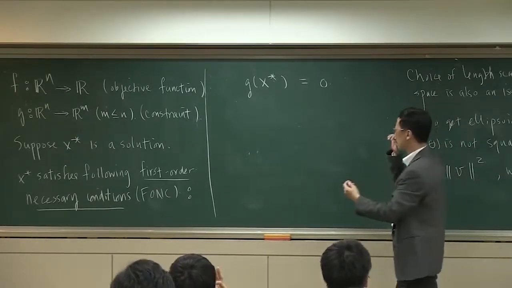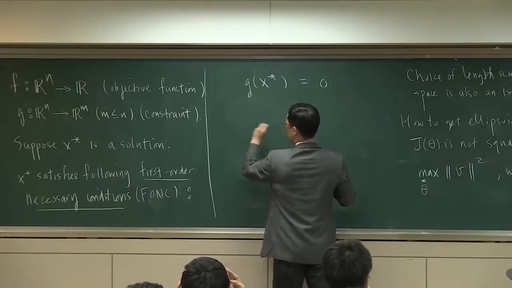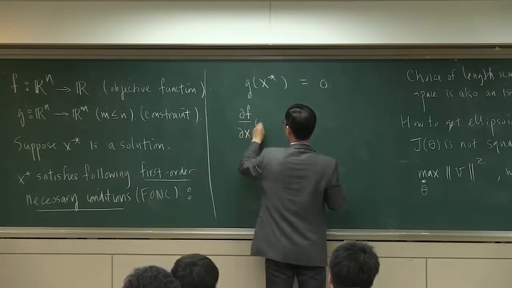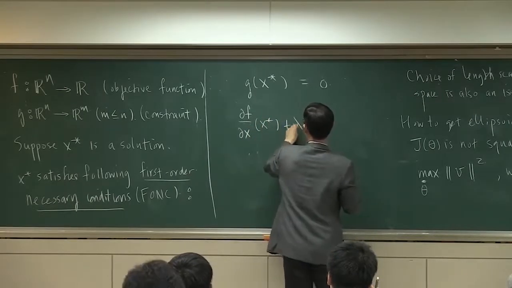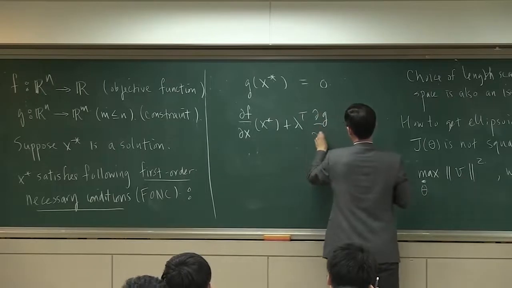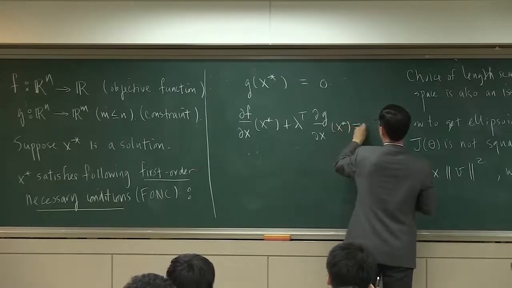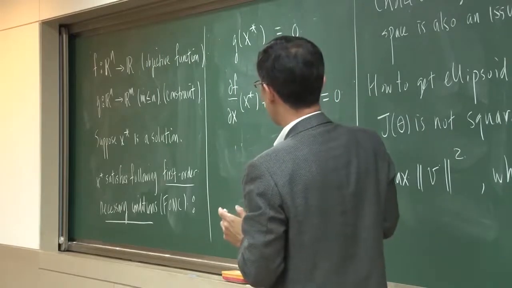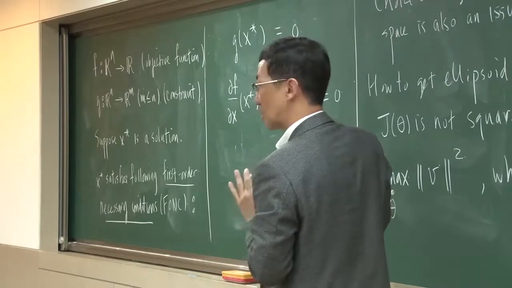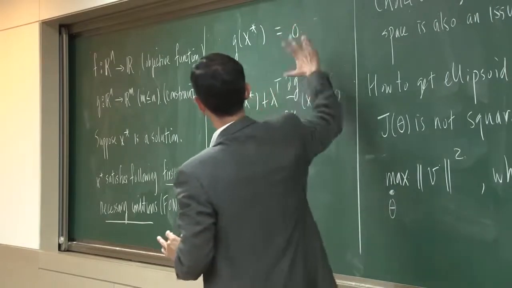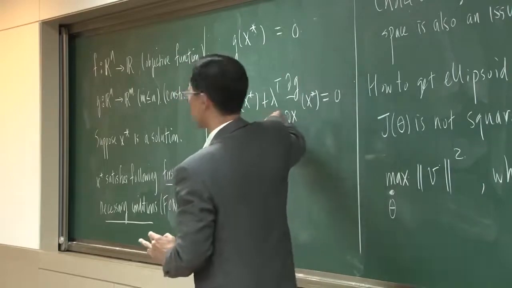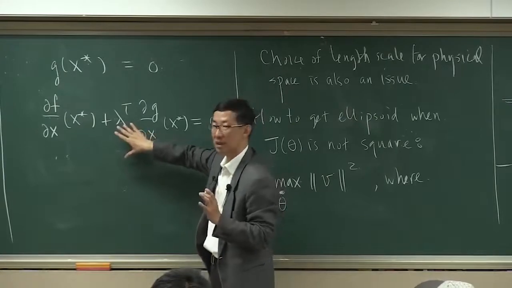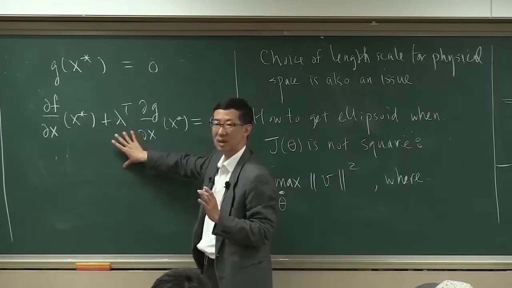The second condition is the following: df dx at x star plus lambda transpose dg dx at x star equals 0. So if there's an x star that's a solution, then x star has to satisfy these two equations. And you might ask, what is this lambda? Where did this come from? This lambda is something called a Lagrange multiplier.